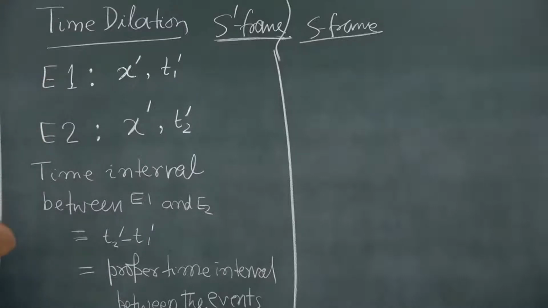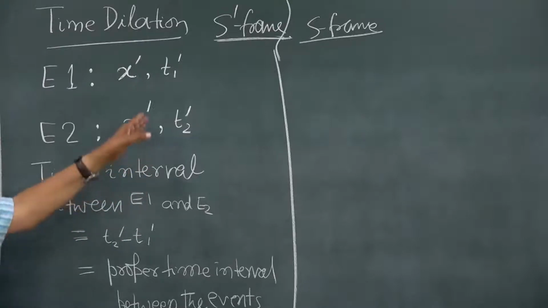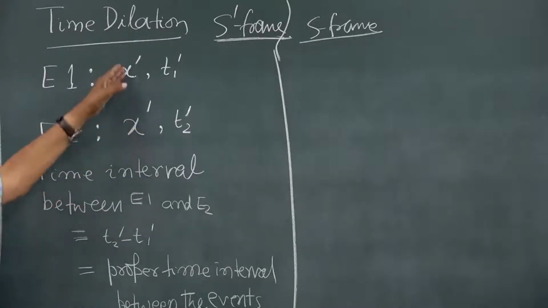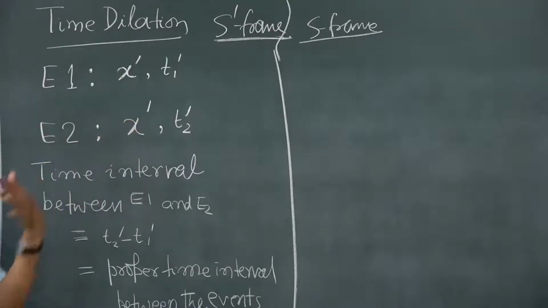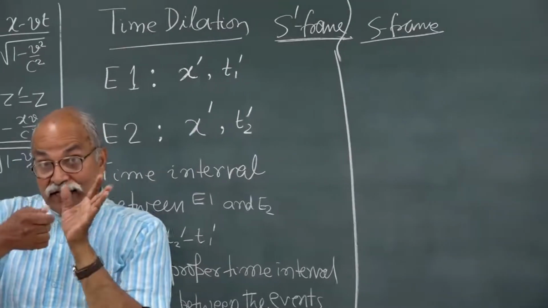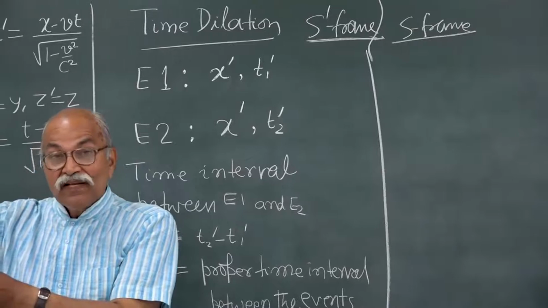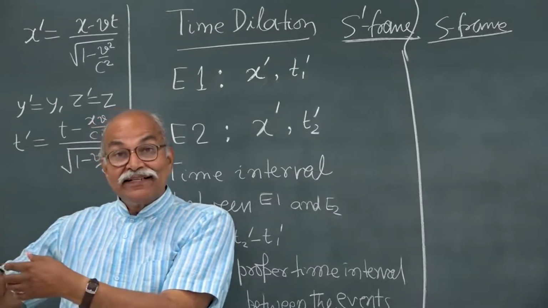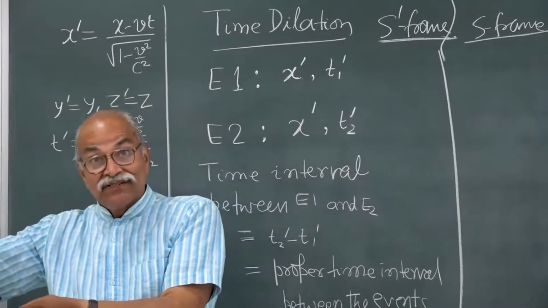Same story, S prime is moving with respect to S. In S prime you have two events at the same position, and in S frame the first event has taken place, the frame is moving, so the second event has taken place somewhere else.